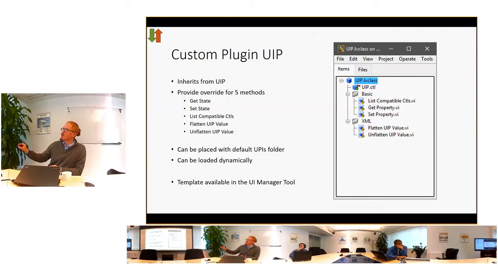Here you would specify that your UIP is compatible only with Boolean control. Right? The basic ones that I pointed to are compatible with all controls. So they provide a huge list of controls that they are compatible with. But if you create more specific ones, then they might only be compatible with one specific class.